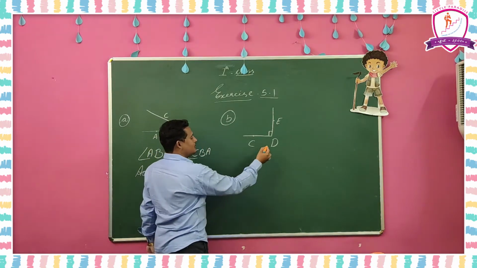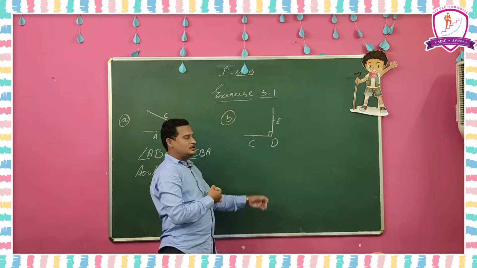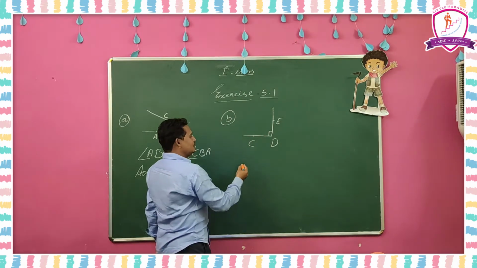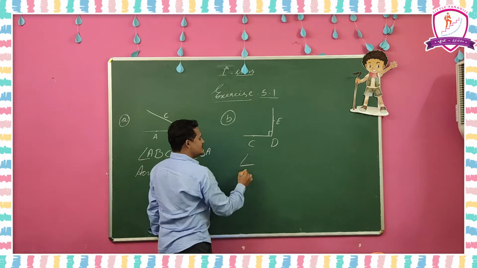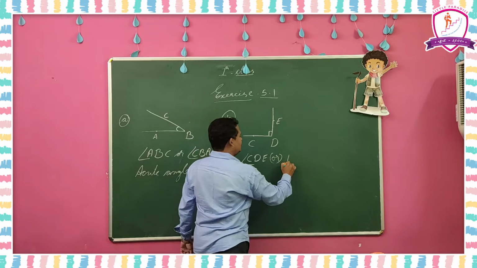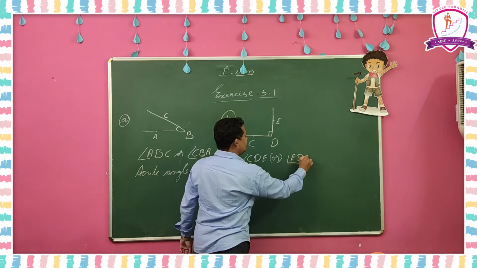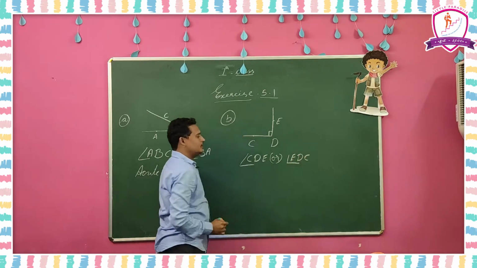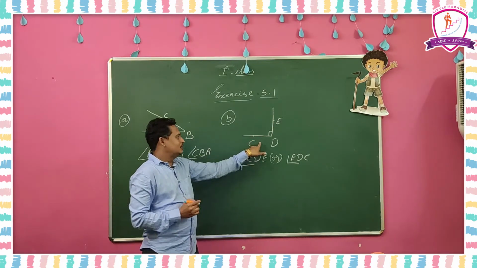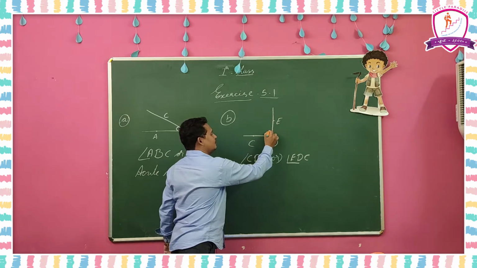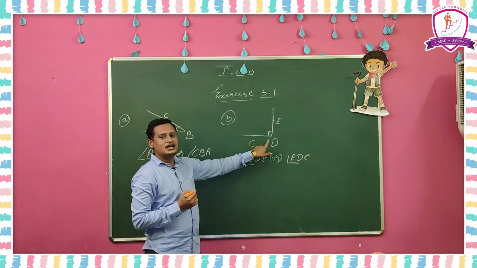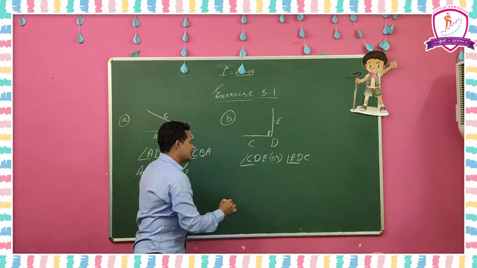Here DC and DE are two arms and the vertex is D. We can give the name for this as angle CDE or angle EDC. We can give the names like this. And this angle is a right angle. Here we can observe that if an angle is indicated like this, we read it as 90 degrees. So it is a right angle.